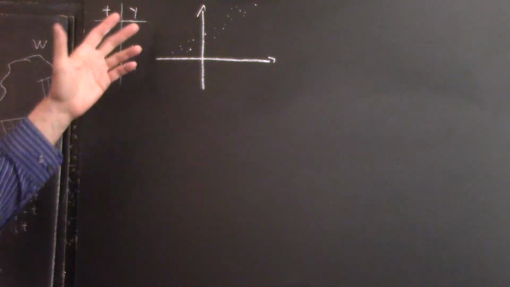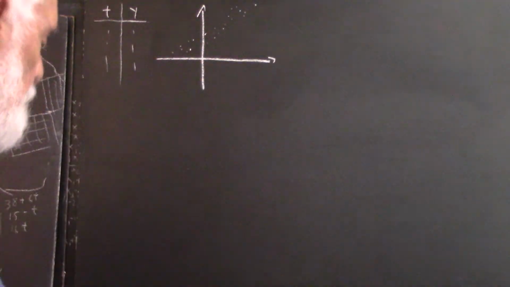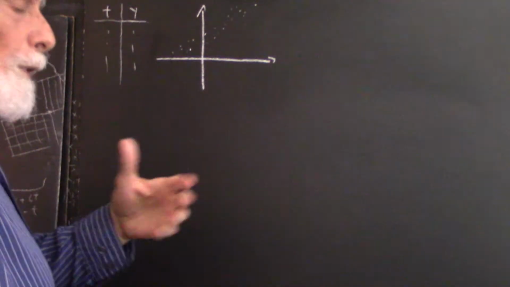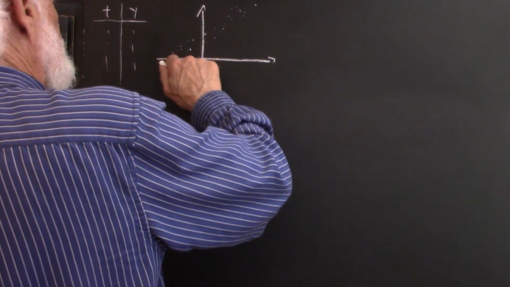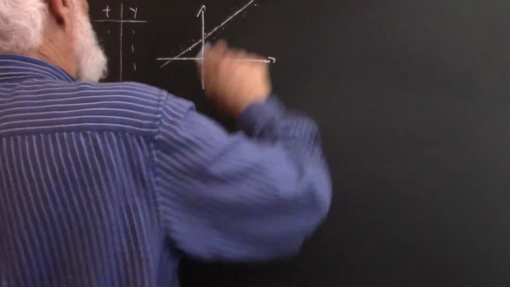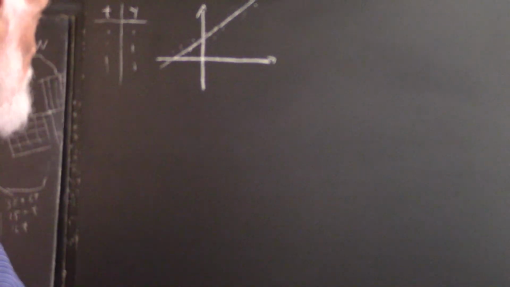indicate something that's actually represented by a straight line, but there are some errors in your observations and so forth, or uncertainties, then you can say, okay, maybe we ought to draw a straight line that fits that data. And of course, that would be a regression line, or an approximate regression line.